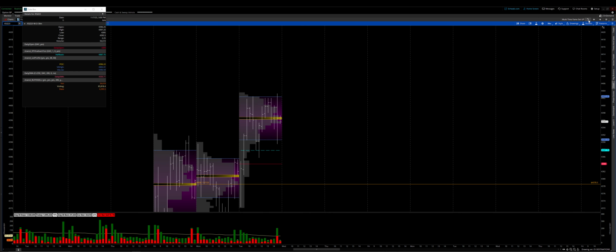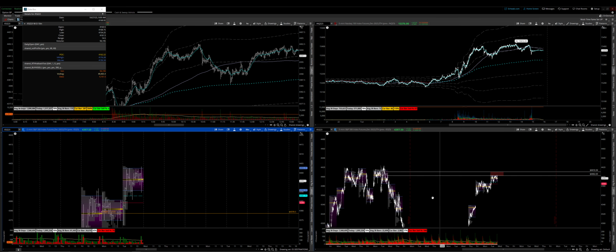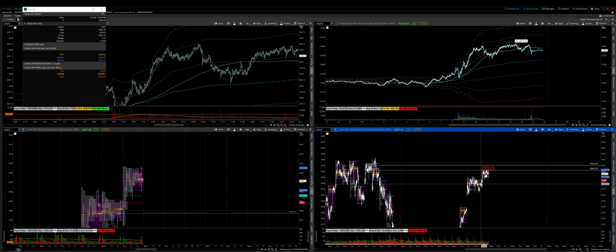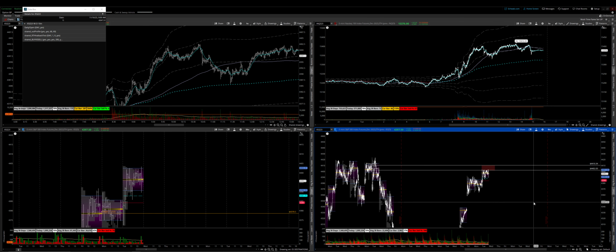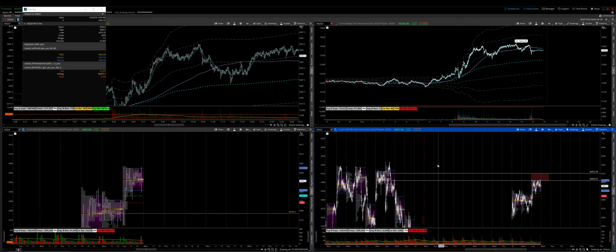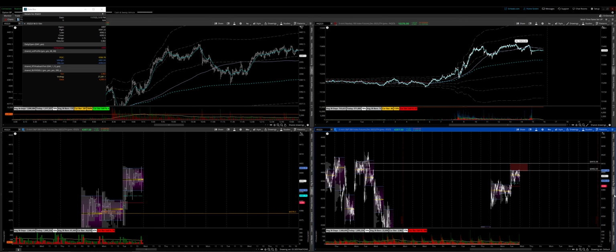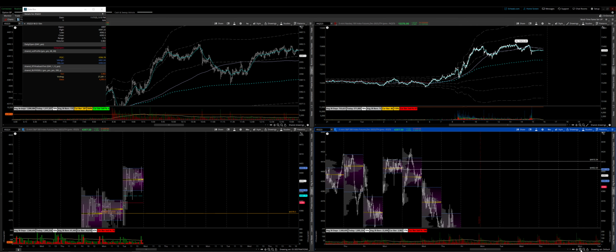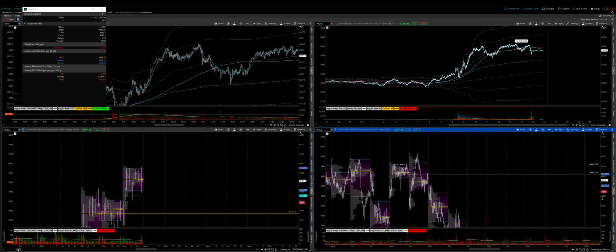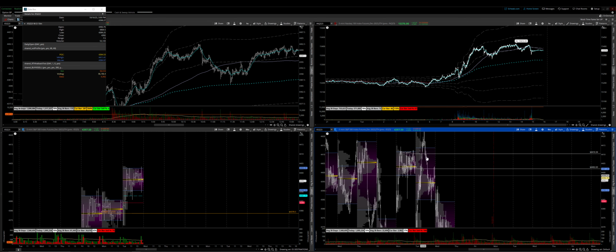Now, the reason why I think I should definitely be more cautious on buying pullbacks is because here on my 10-minute chart, I look at the 10-minute. Don't ask me why, I find it useful. But here on the 10-minute chart, we had an area where there's like no volume done within this day back from the 17th.